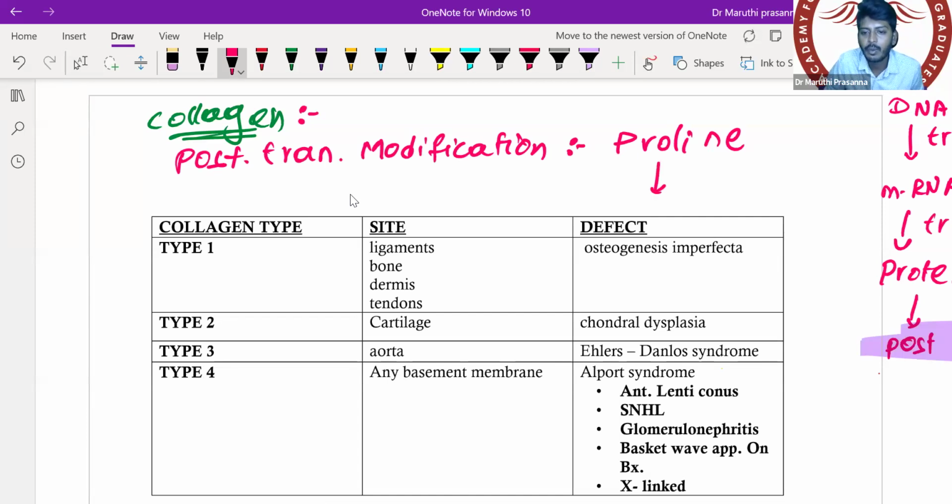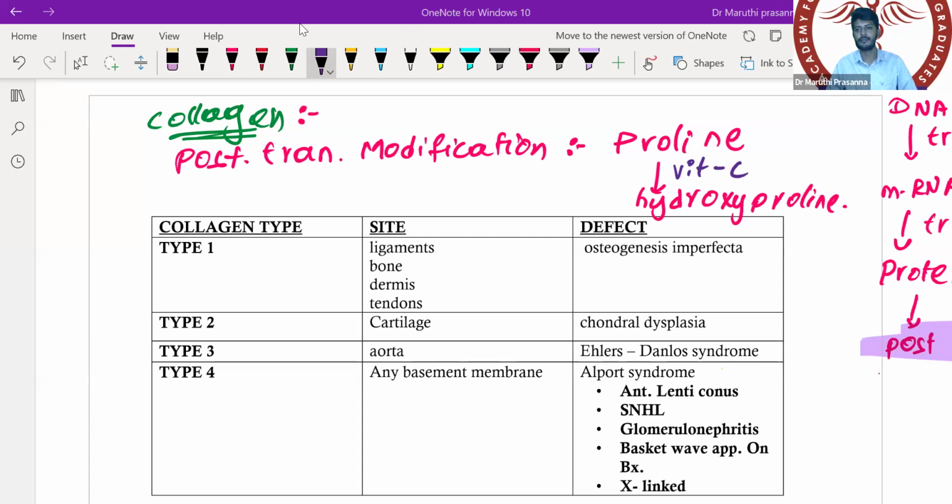That proline will get converted into hydroxyproline. This is the post-translational modification which occurs with collagen. For that hydroxylation, we require one vitamin called vitamin C, sir.